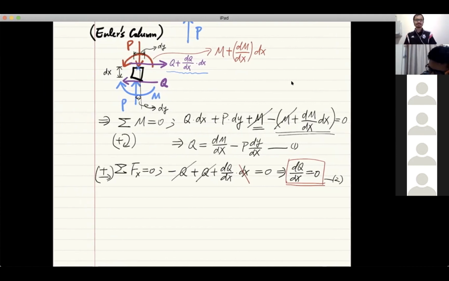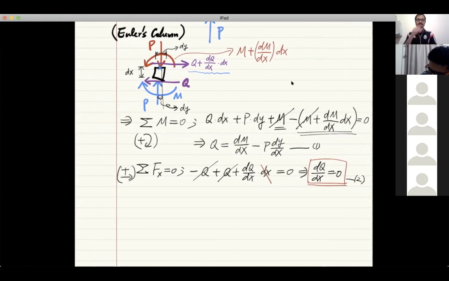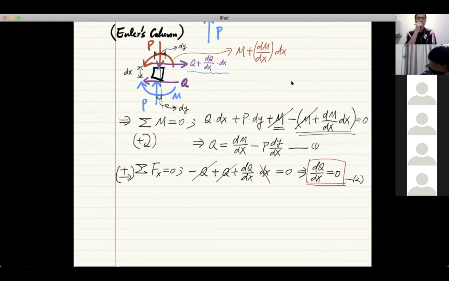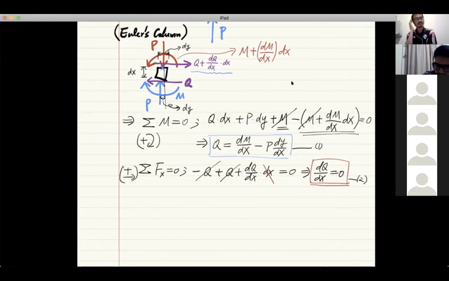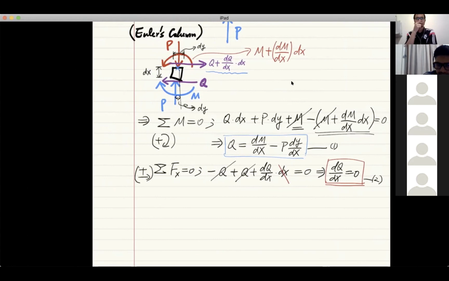Well, if dq/dx is 0, and very soon you're going to understand why I say that, we have the first expression, which is q, and q has an expression like this, correct? What if I just differentiate the whole thing? What if I just differentiate this equation 1?